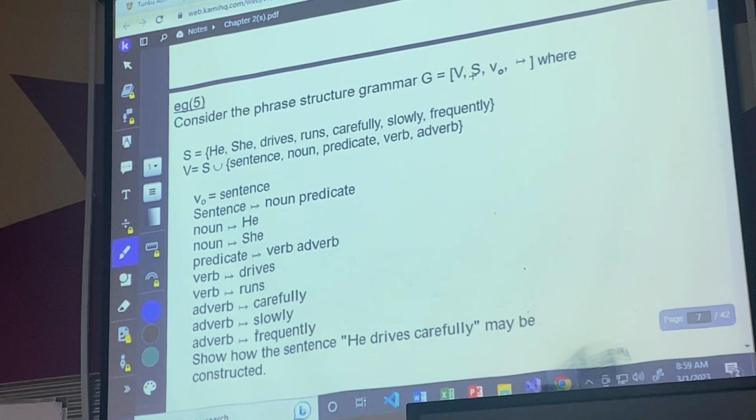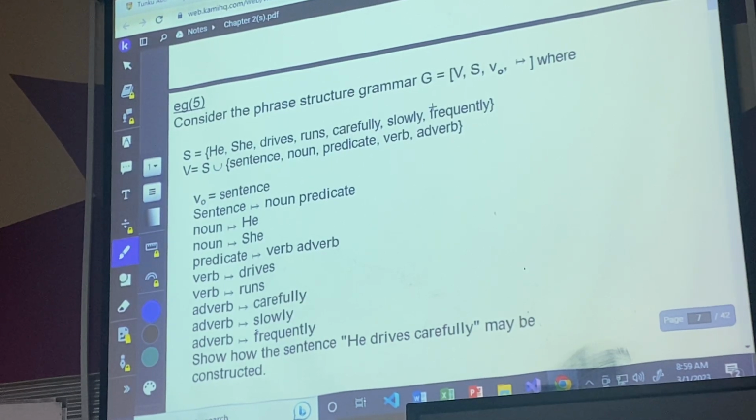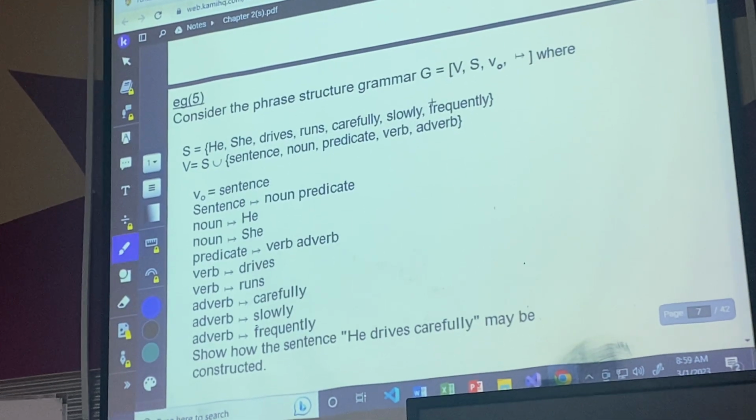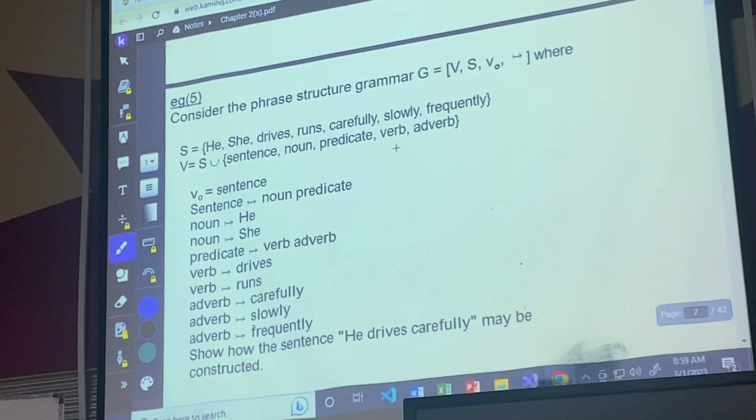The four components, as I told you just now, are the set V, set S, the V0, and the production relation. The V here will be the set S combined with all these words that we don't use in our final sentence. But from the steps of the substitution, we need to show it one by one.